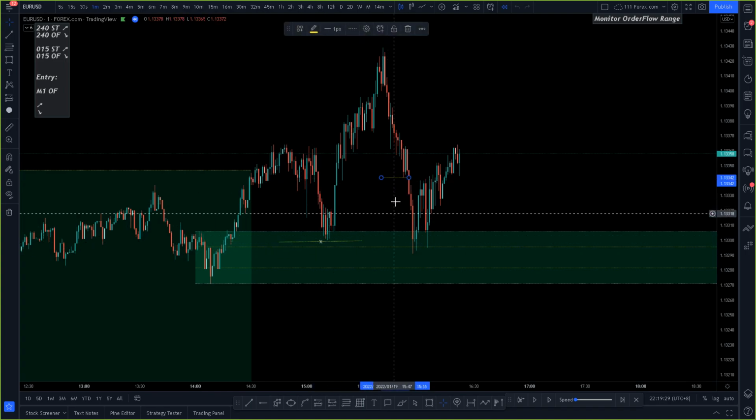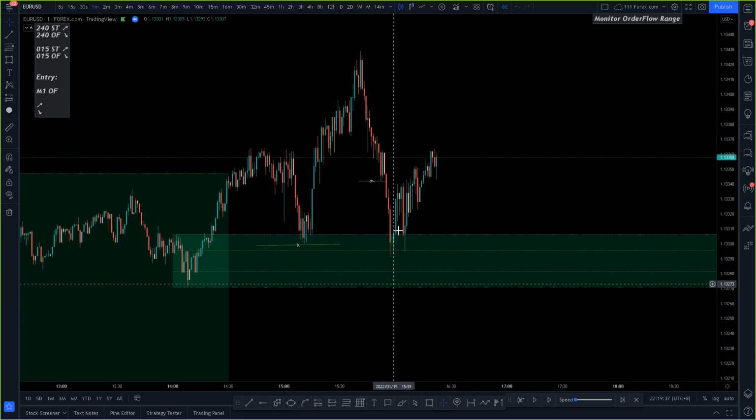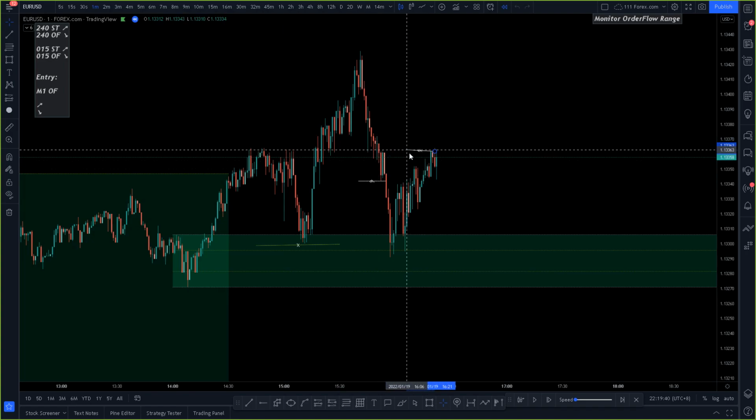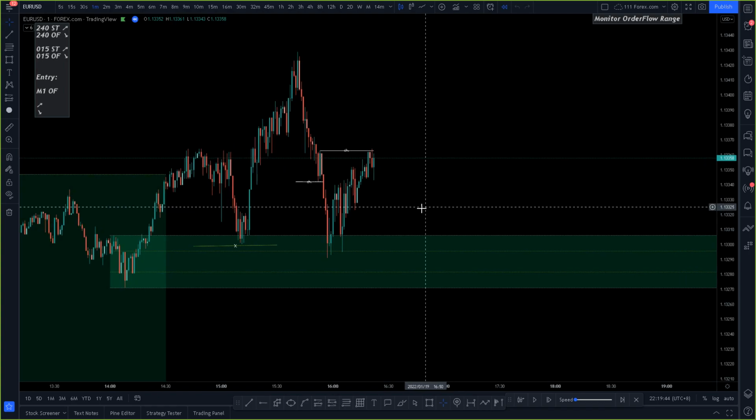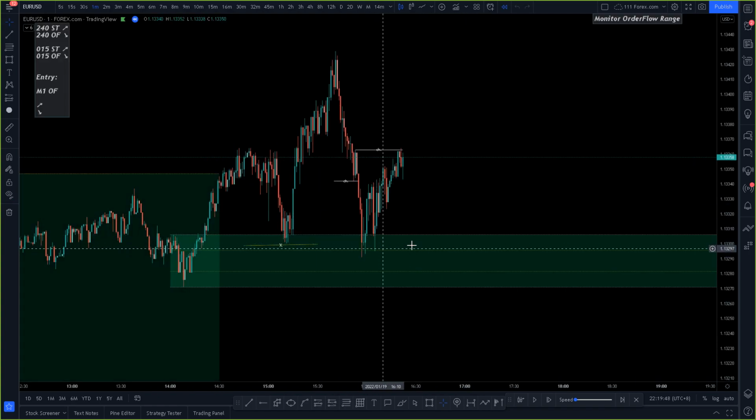This is my liquidation mitigation. This will be my choch. The M1 choch took the low and took the high. And what led to that choch? This is the extreme.